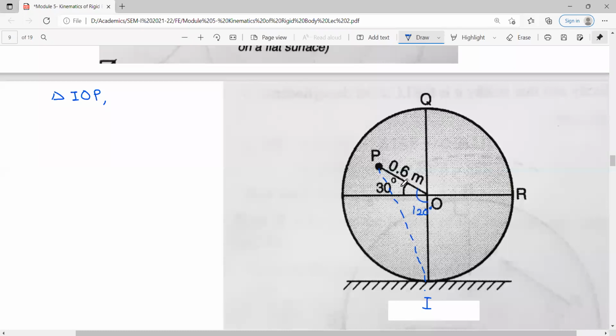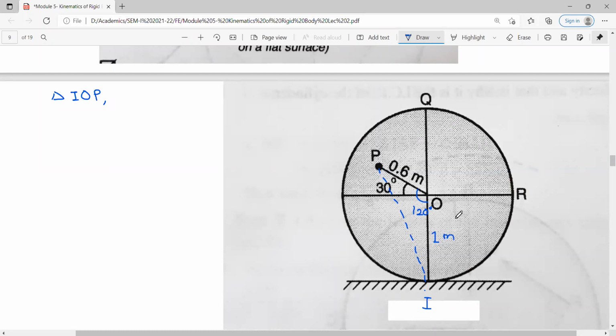And this angle is not given. So this distance is 0.6 meter. What is the distance between O and I? This is the radius. O and I is the radius. So I will say IO is 1 meter.